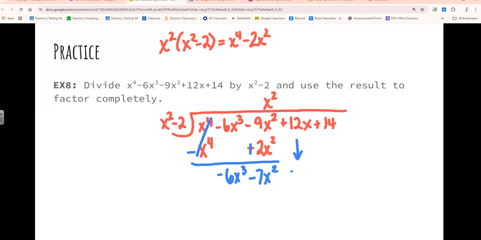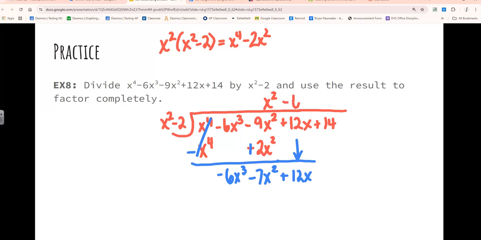And then bring down your 12x. All right, so then I'm asking myself, what times x squared gives me negative 6x to the 3rd?